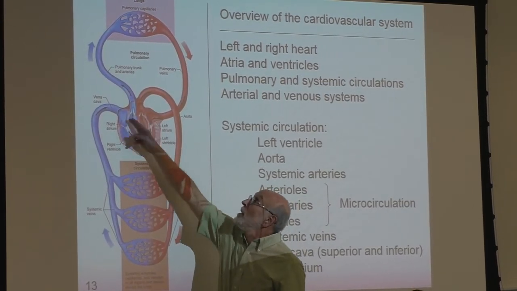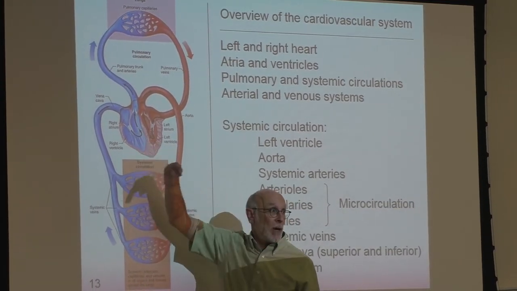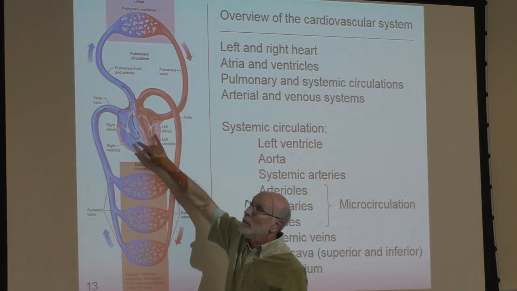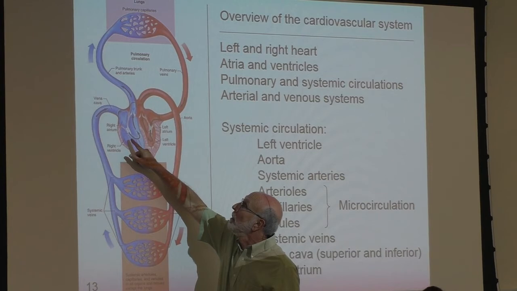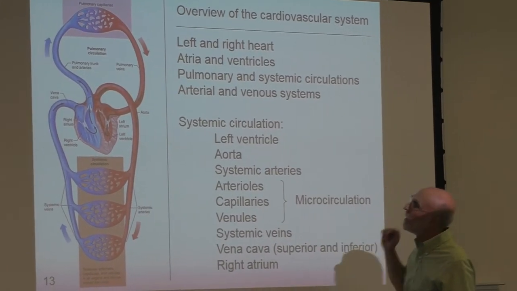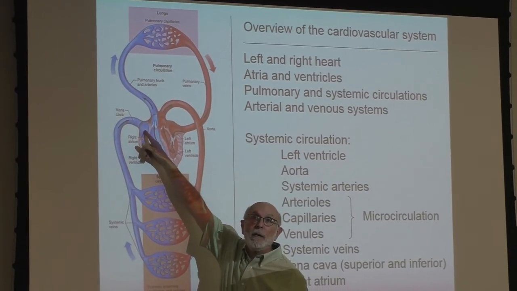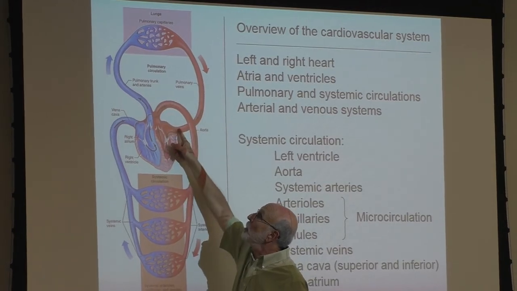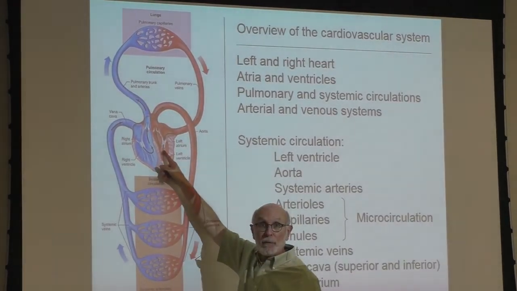The atria are connected to the ventricles through valves that I'll give you names of in a minute, not today. That's part of the anatomy that you're going to learn. Blood flows from the right atrium into the right ventricle, and from the left atrium into the left ventricle.